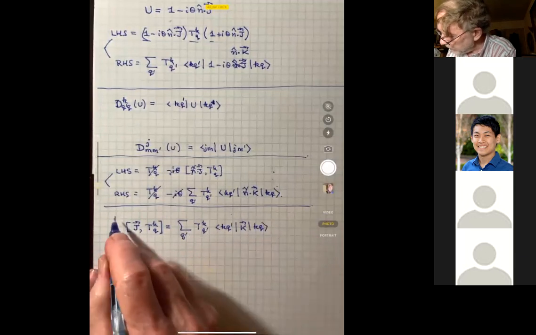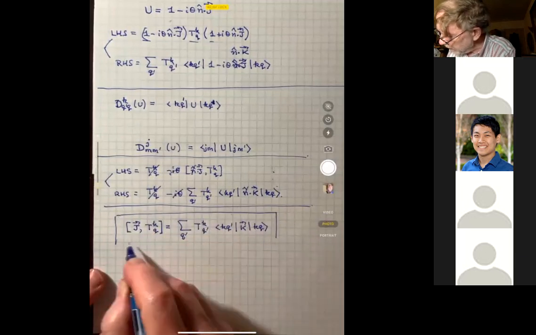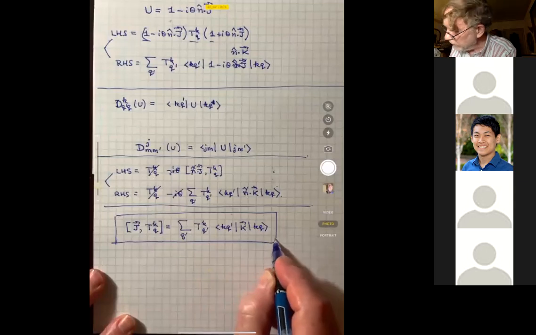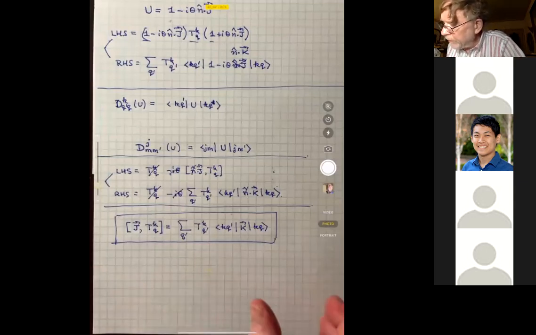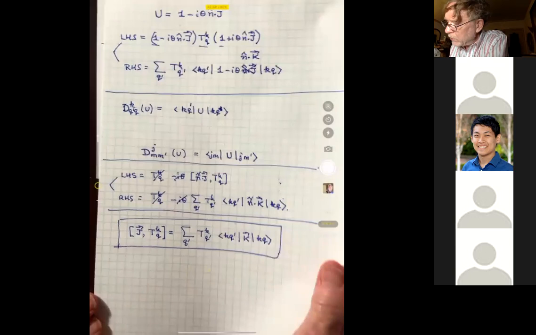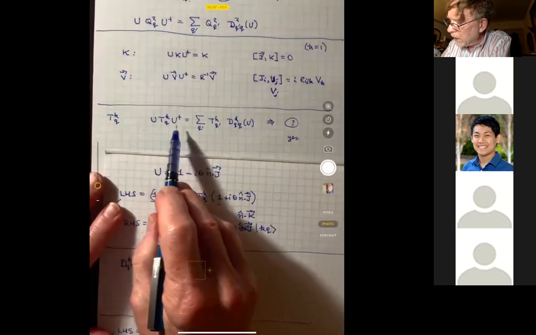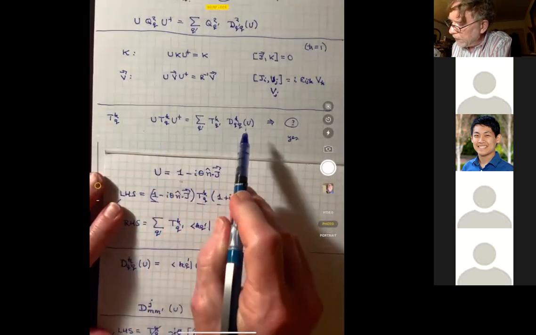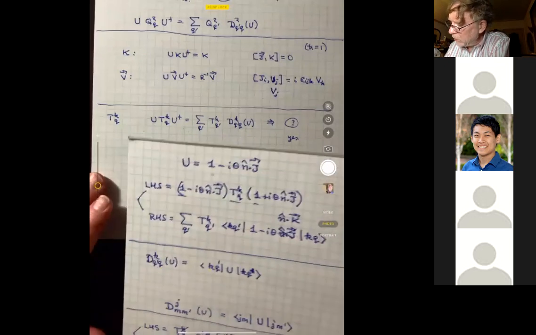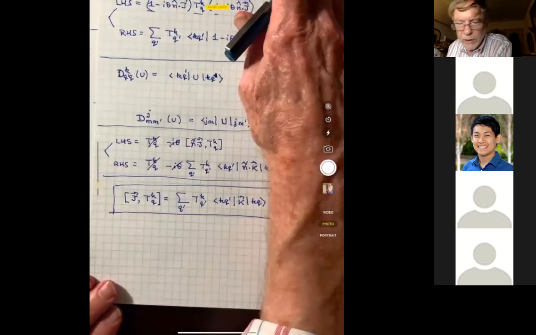Let me box that because that's a useful result. It's basically a commutation relation that's derived from the transformation law of irreducible tensor operators, repeated right there, but one that one gets in the case in which the rotations are infinitesimal.